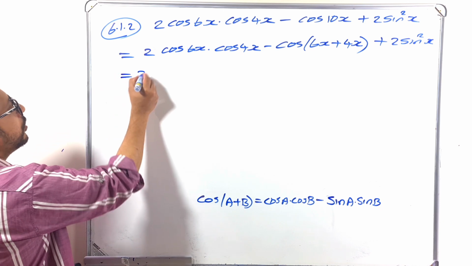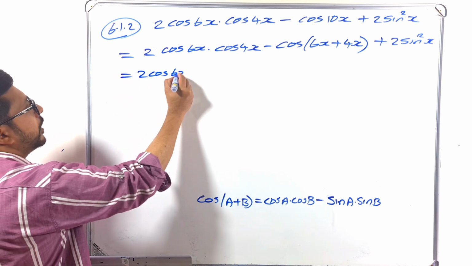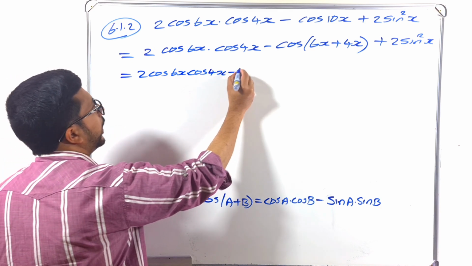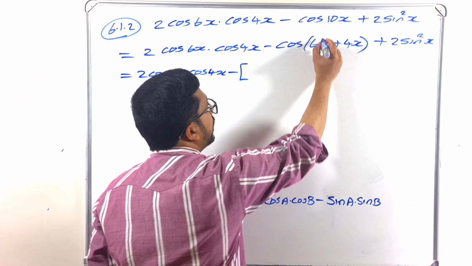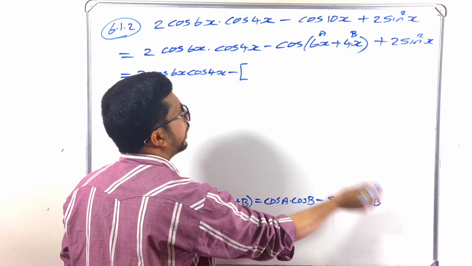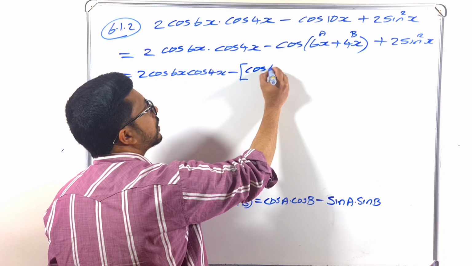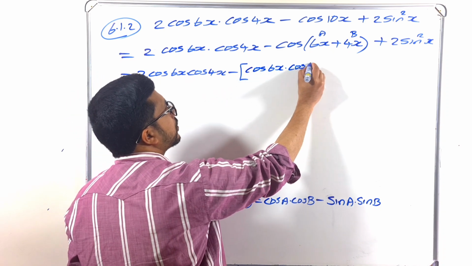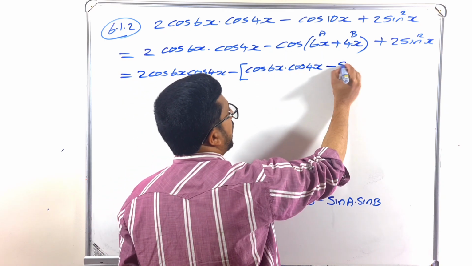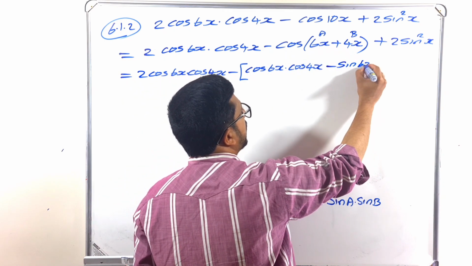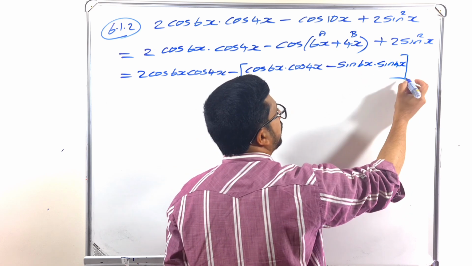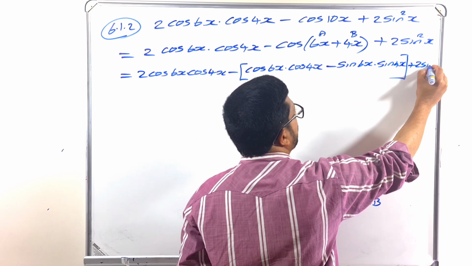So this is equal to 2 cos 6x cos 4x minus, I'm going to expand this one. This is my a, this is my b. So cos a cos b minus sin a sin b. So cos 6x cos 4x minus sin 6x sin 4x, then plus 2 sine square x.